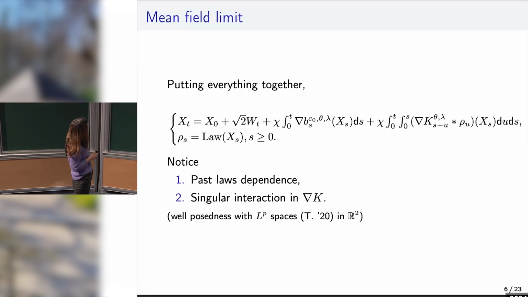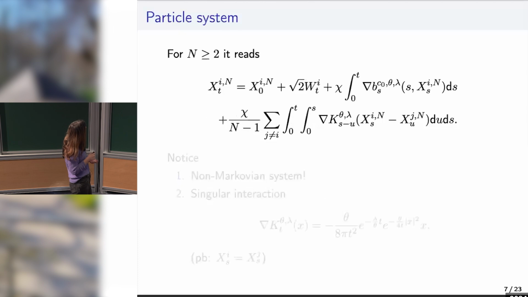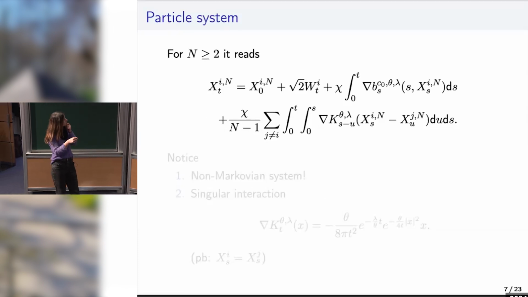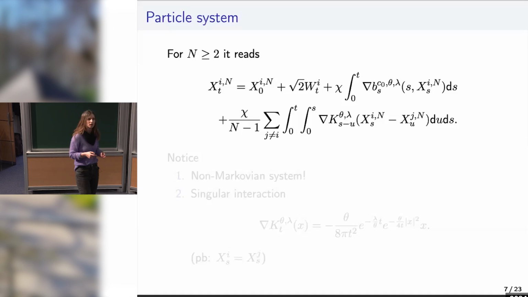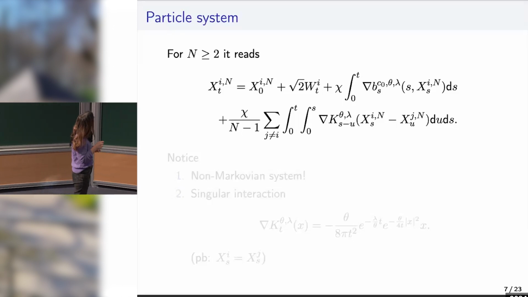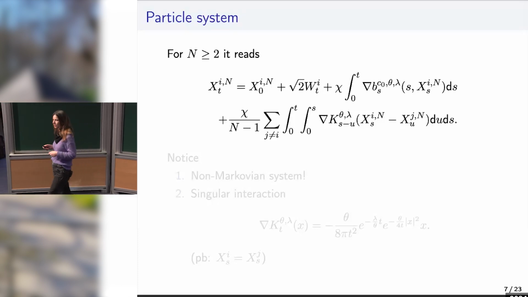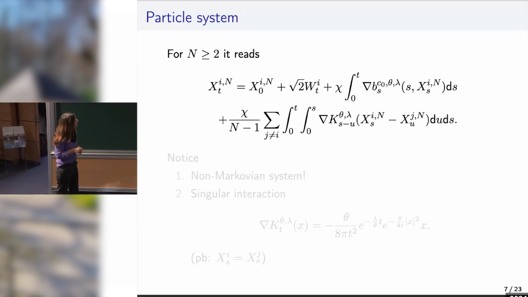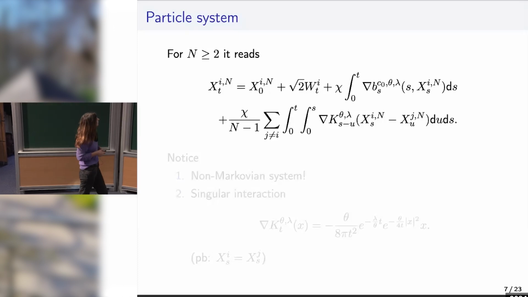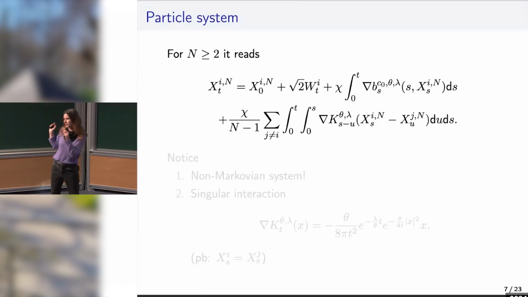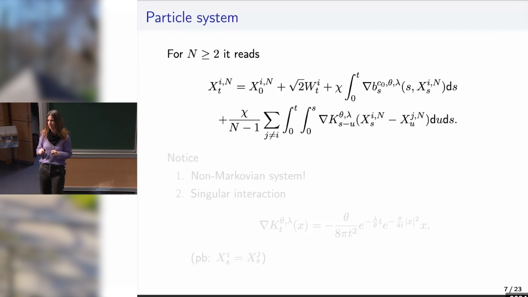Okay, and then you could discretize this, to find your particle system. So you fix an n, and then you plug your empirical measure there, where there was the law, okay? And then you get this particle system. So again, some Brownian motion, some initial data, some linear part which at first read you could just set to 0. Okay, and then here is the interaction. So now you see that you have a path-dependent interaction between your particles.